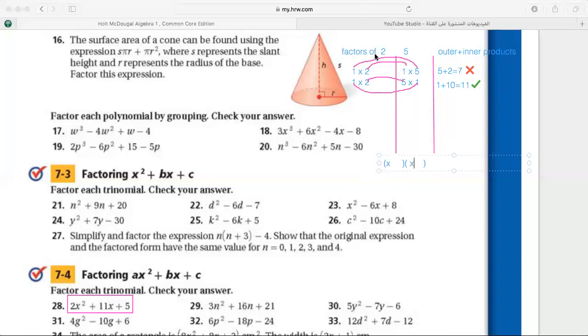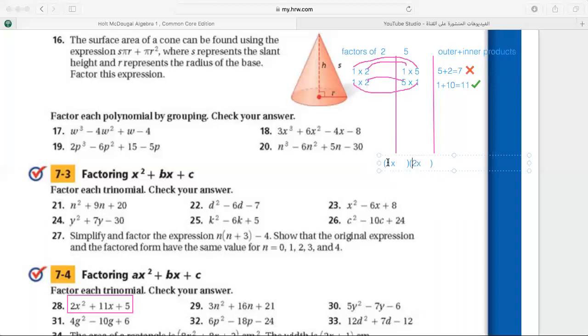Factors of 2, which is 2x squared: I will take 1 multiplied by 2, so it will be 1x and 2x, because I will choose 1 and 2.